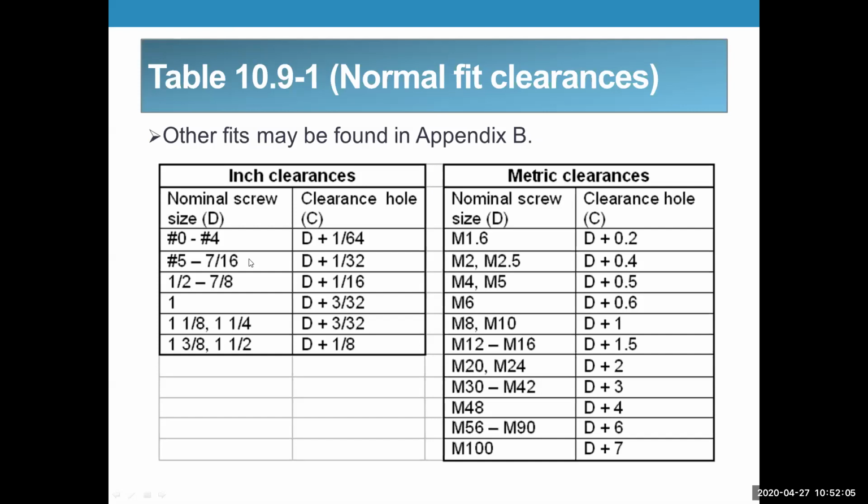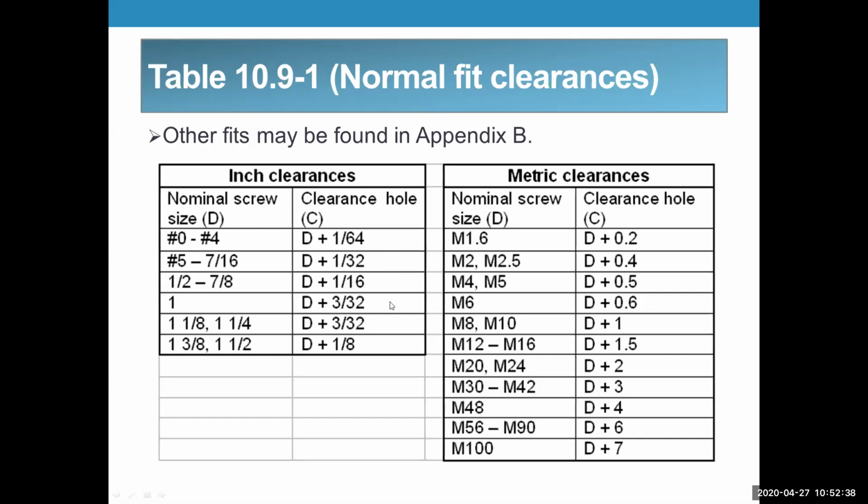Most everything falls into categories of number 10s and quarter inch, 5/16, maybe 3/8. But when you look at the amount of stress that even a 3/8 bolt can withstand, they're pretty stout. So generally speaking, this is kind of the standard, the D plus 32nd.